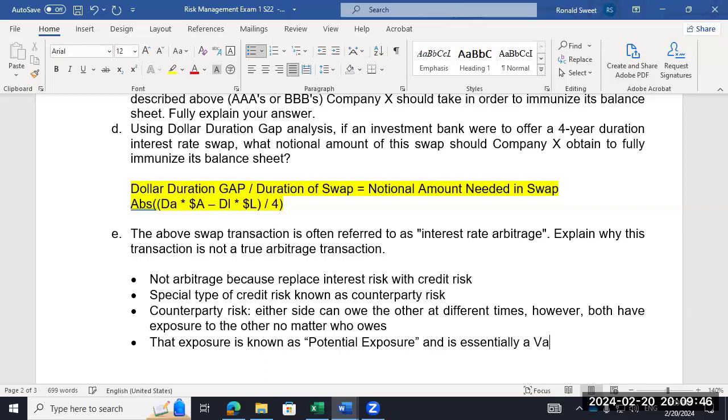Yeah, it's a value at risk calculation. That would be a full answer. I can't really think what else you could put into it. So normal credit risk, someone borrows money from you, you're worried about them not paying you back. That's just normal credit risk. This is different because you don't know who owes who, but it doesn't matter. You still have an exposure because things could change very quickly.